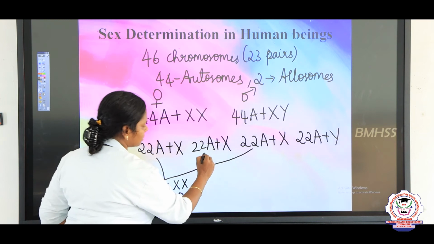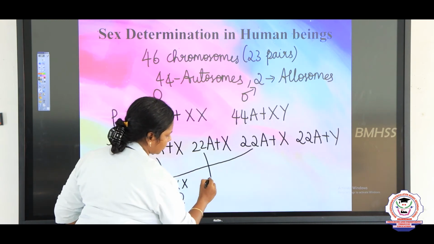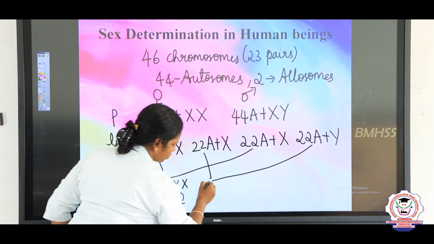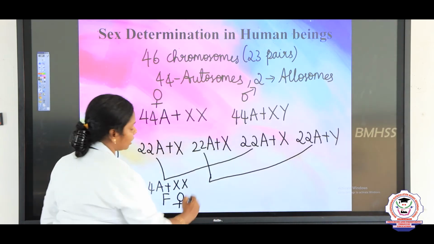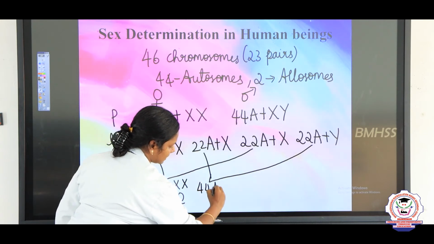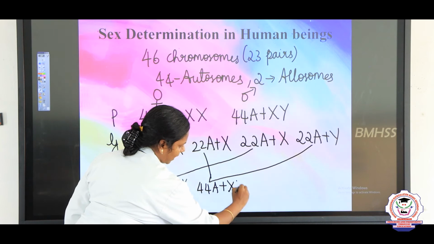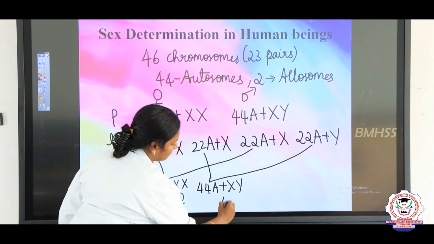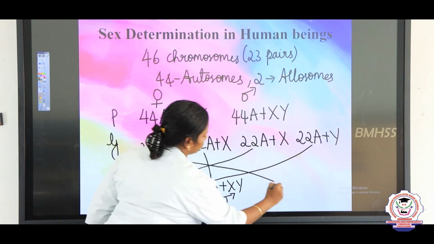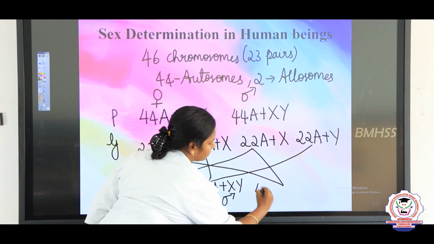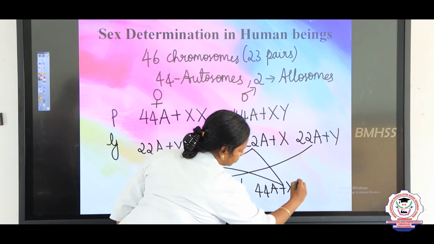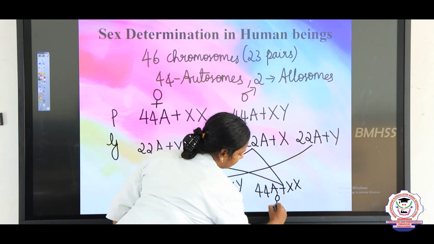Next, when this 22A plus X combines with the 22A plus Y chromosome of the male, what will be the possible genotypes? 44 autosomes plus XY. XY means male. And again, X and X combine to form 44 autosomes plus XX, so it also results in a female.